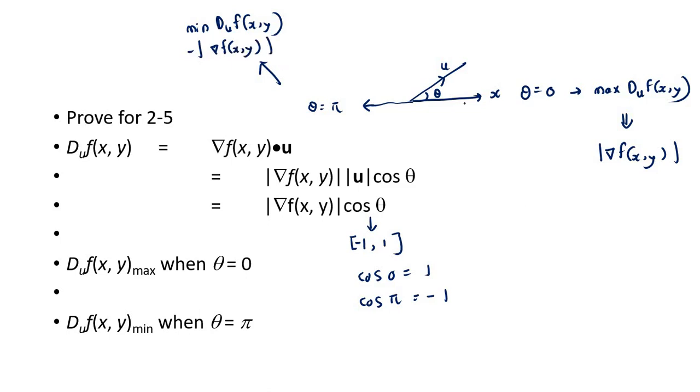And for the direction, if they ask in which direction the function f(x,y) will increase the most, it will be in the direction of the gradient vector. In which direction the function f(x,y) will decrease the most, it will be in the direction of the negative of the gradient vector.